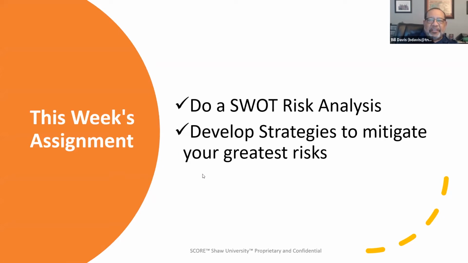You will have needed to have written your mission, and done your vision statement. In other words, you need to have done all your homework to be able to do this and have it be effective. And then after you've done your SWOT analysis, and I suggest that you use the same approach that I demonstrated tonight, develop strategies to mitigate your greatest risk.